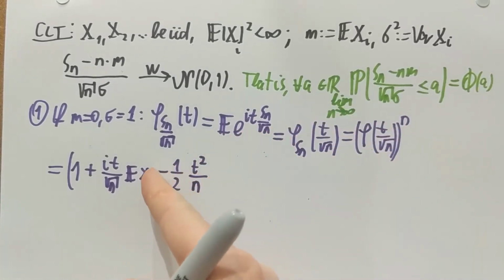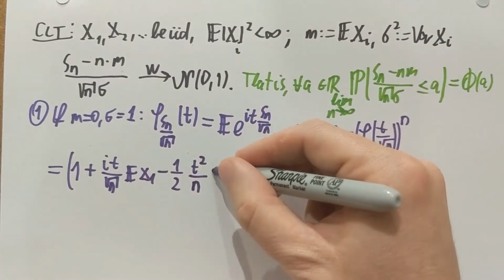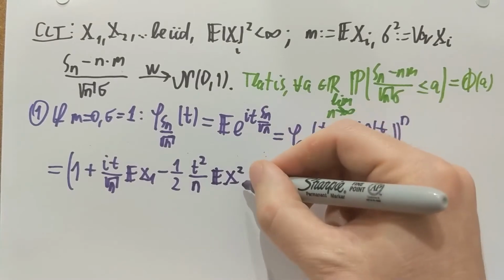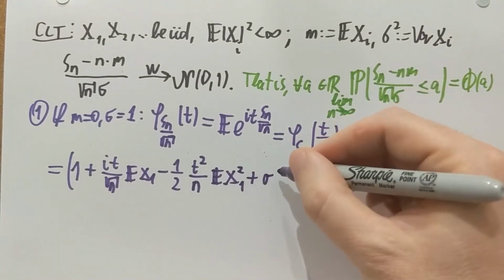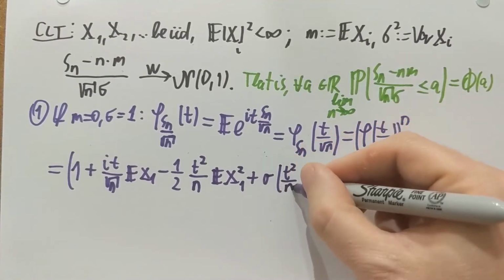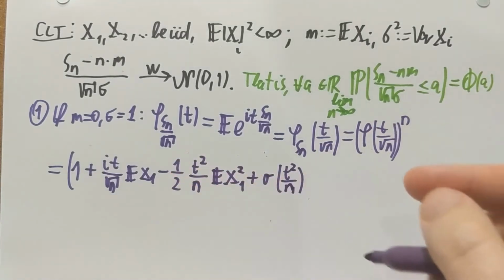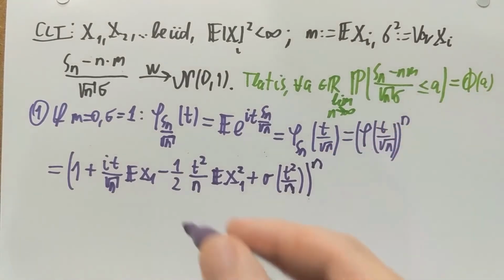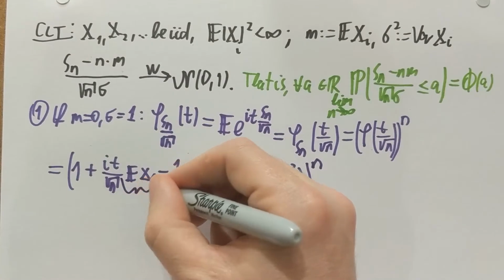So the square of it is a minus t squared, the square of root n is n, and then the second moment of the Xi's, plus something that's smaller than this, little o of t squared over n as n goes to infinity, and all that raised to the nth power. Now in our case m is 0, so this term is 0.